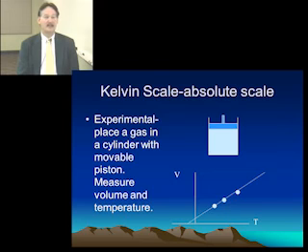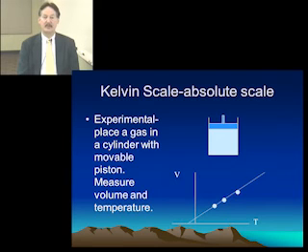And as you can see by the graph, what we're actually demonstrating here is if we lower the temperature of the gas inside the cylinder, we observe that the volume will decrease linearly proportional to that temperature drop, as shown by the 3 data points. And we can connect those by a line and extrapolate that line back down to the 0 volume axis, and that will intercept the temperature axis at a certain point.